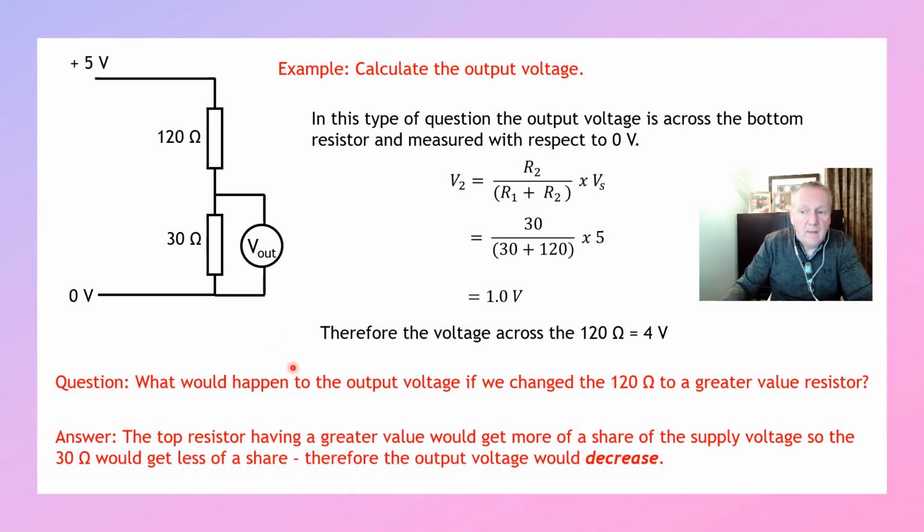If you don't quite get that, go back over this page and reread my answer. It basically says that if the top resistor has a greater value, it's going to get a larger share of the supply voltage, and therefore this must get a smaller share, so the output voltage would decrease. Fingers crossed you get that one okay.